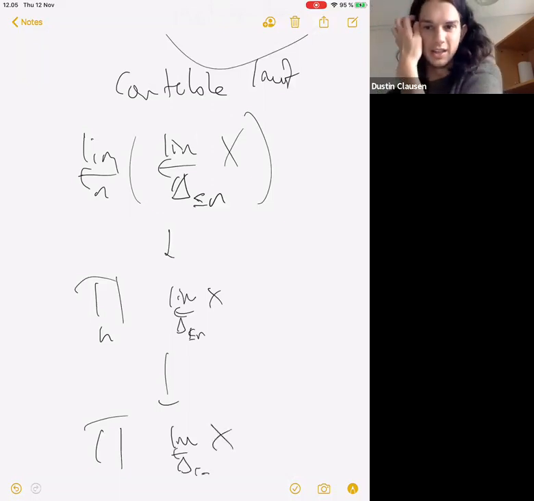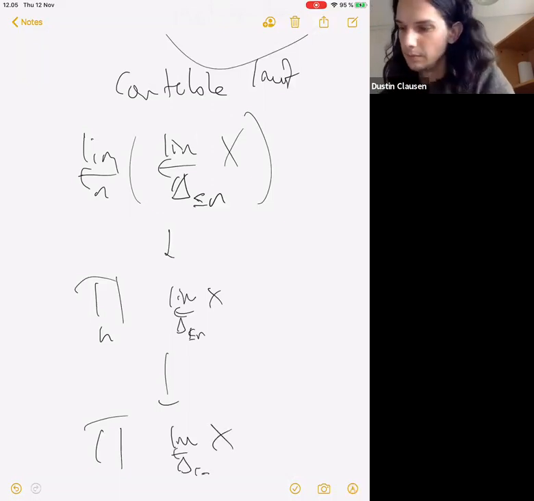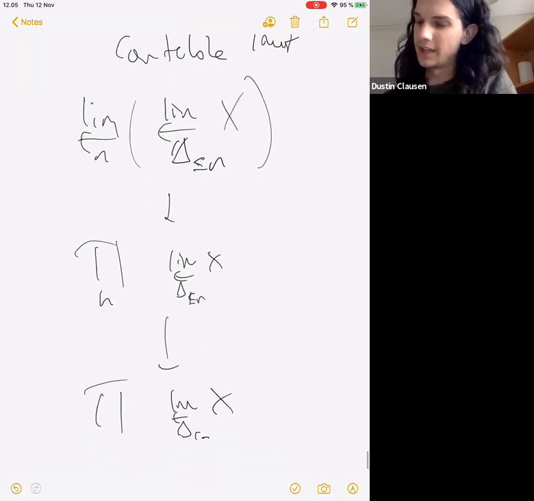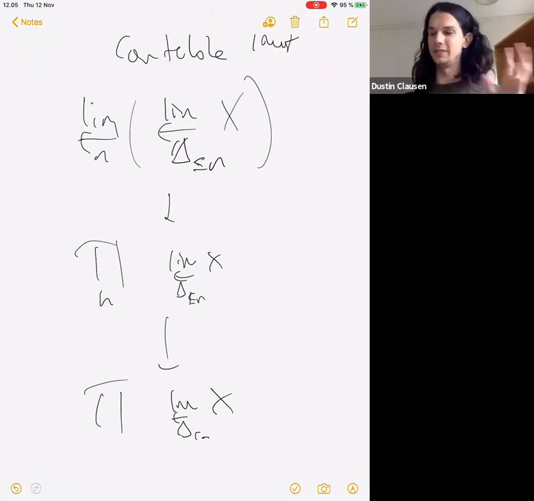So you might think that we'd be okay by the fact that we know that countable products commute with tensoring with Banach spaces. But we have to be careful because this is a relative tensor product.